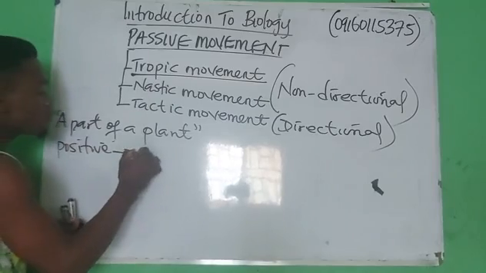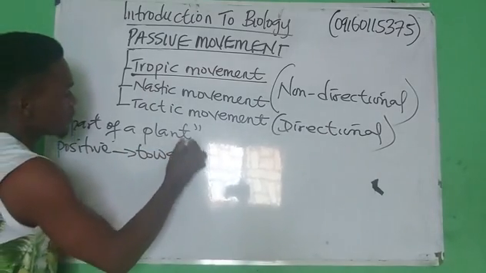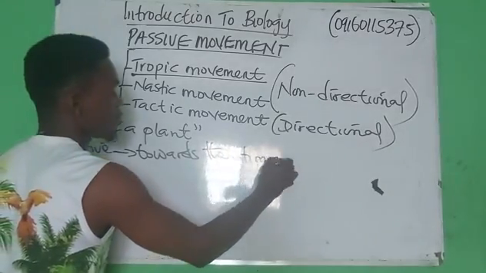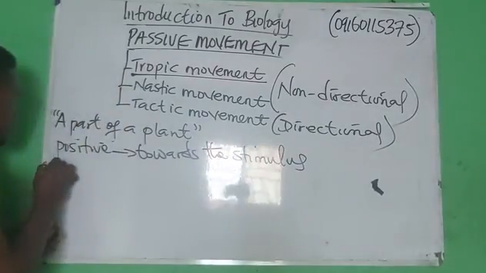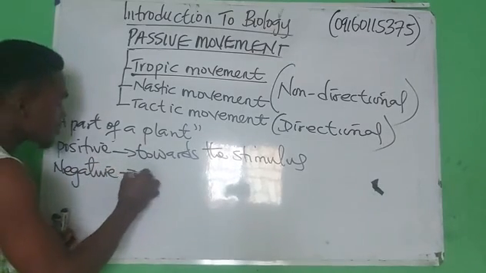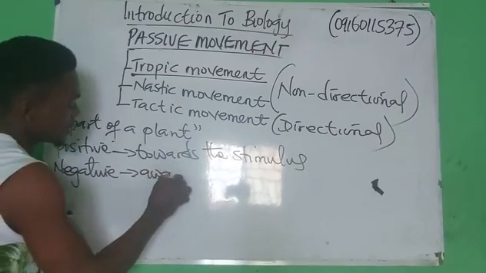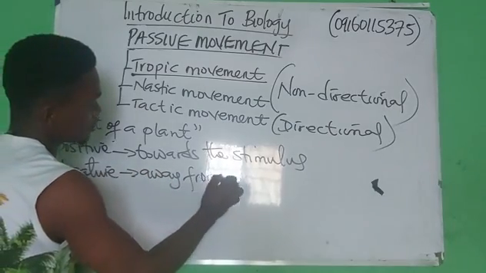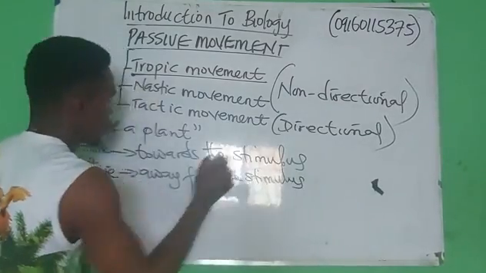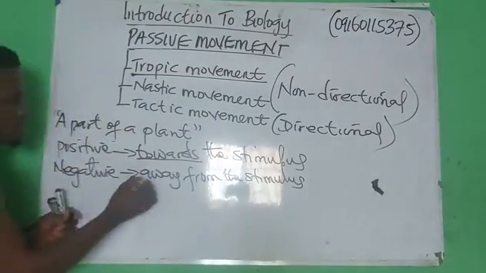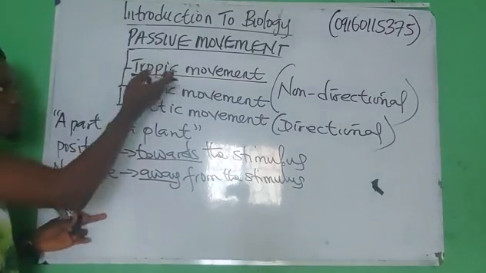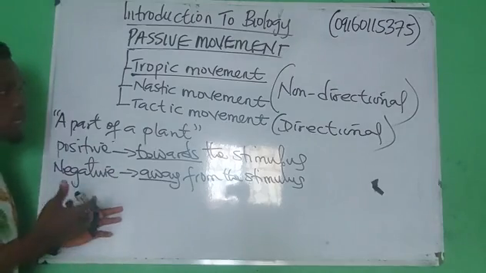It is positive when the organism moves towards the stimulus, and it is negative when the organism moves away from the stimulus. So towards is positive, away is negative. Which means it could be positive or negative in form.